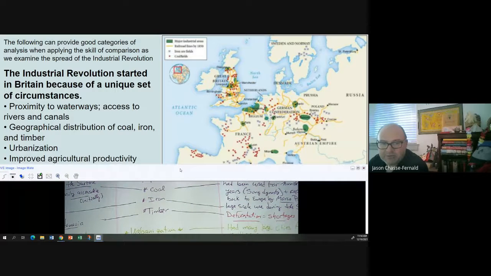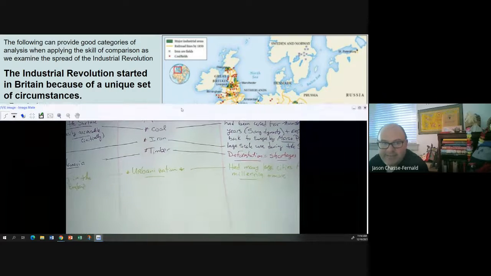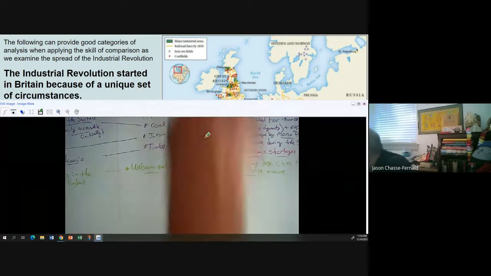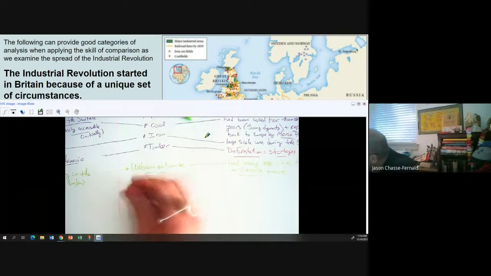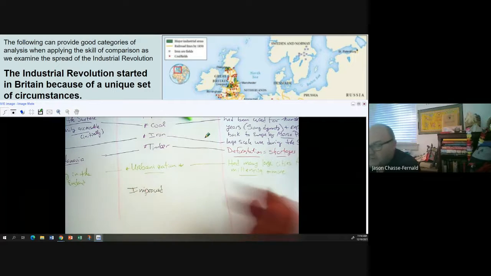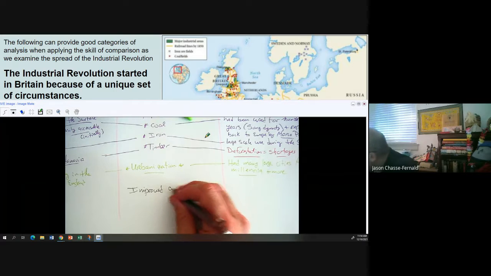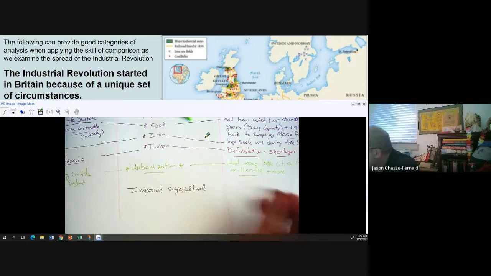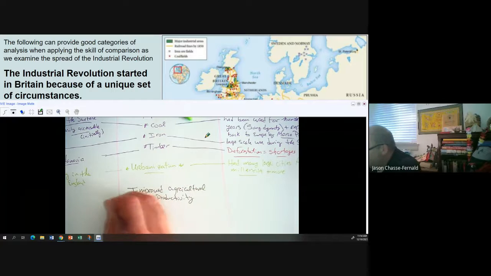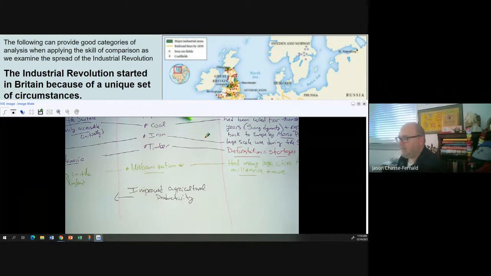All right, let's go to the next one. Improved agricultural productivity. I'm just going to slide that back up, give me a little more leeway here. All right, improved agricultural productivity. What are we seeing regarding this?